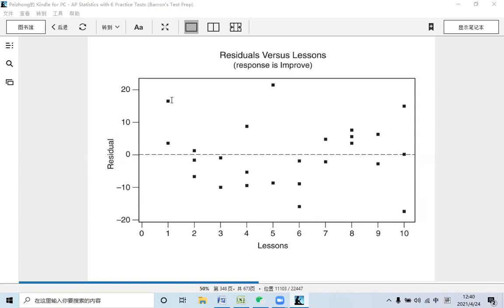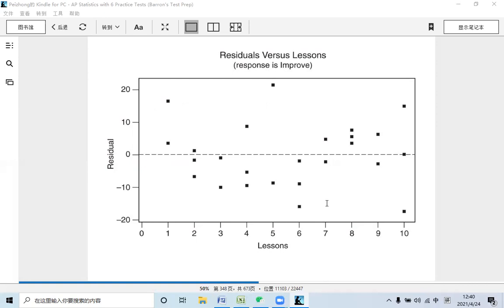And when you have a positive residue, that means the observed score is larger than the predicted score. You have an under prediction. Your prediction is smaller than the observed score. When you have a negative residue, that means you're over predicting.